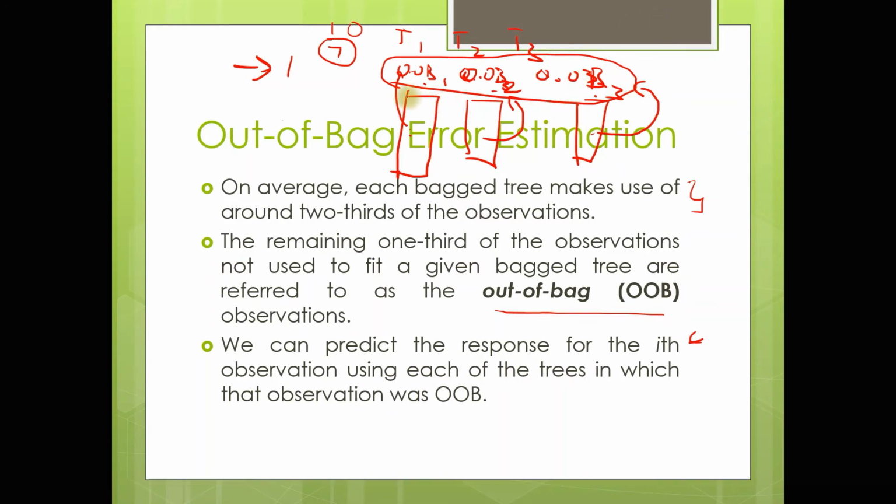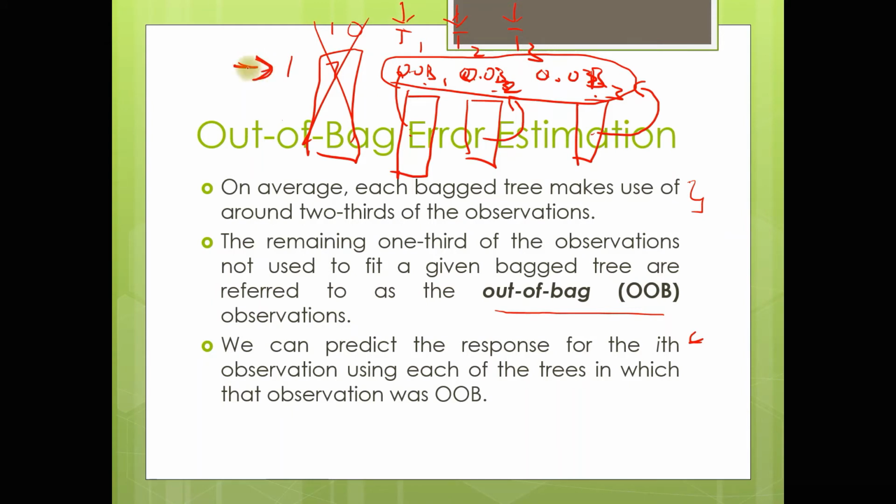So I repeat just quickly for you to understand: when the tree has been built 10 times, if the first observation was considered over 7 trees, that is, for 7 trees that you have built, this observation was in there, you don't worry about them. But what you look at is the 3 times, because as I said to you, about 1/3 of the observations will be out of bag.